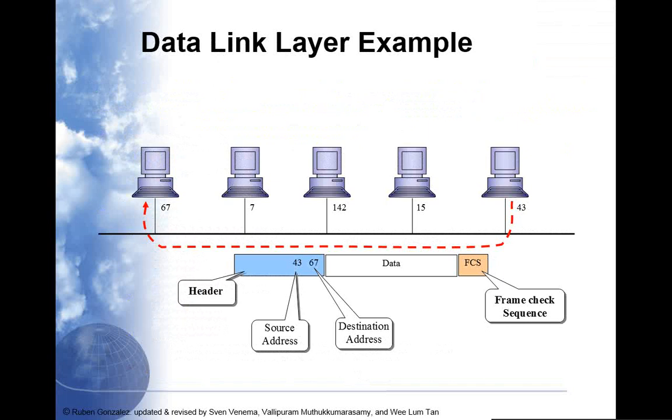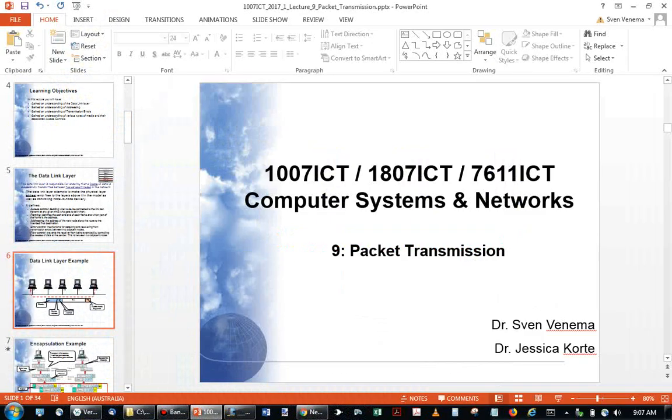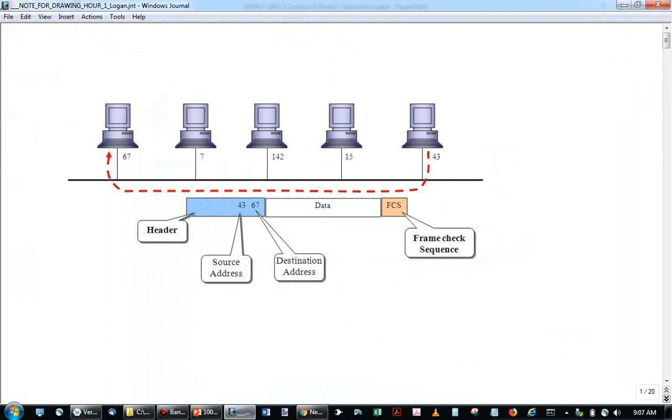All right. Here's a data link layer example. Just draw this diagram, I think. There's a machine here, 67, and here's a machine 43. Machine 43 is the one that's sending the information, and they want to send it all the way to 67.